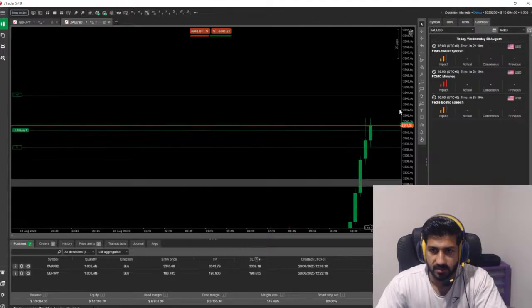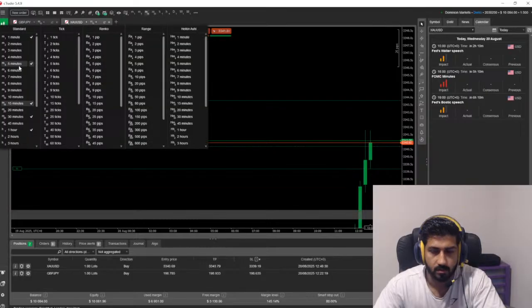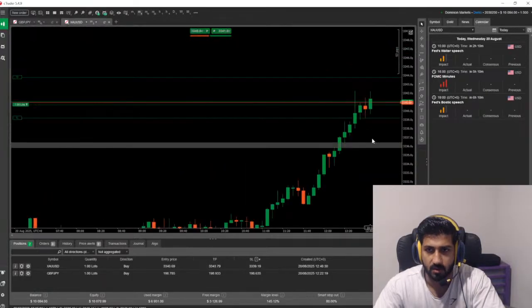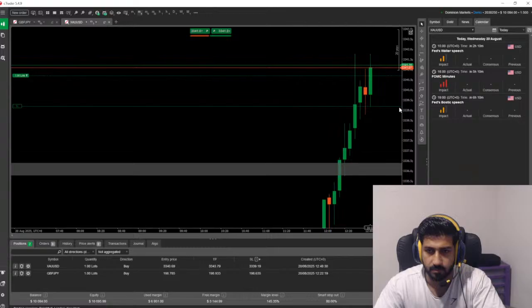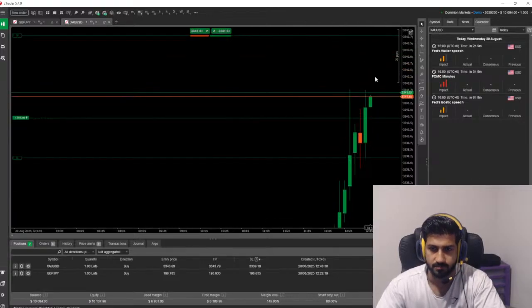With this much volume, as long as we are not breaking below this previous candle, we should continue to push up.